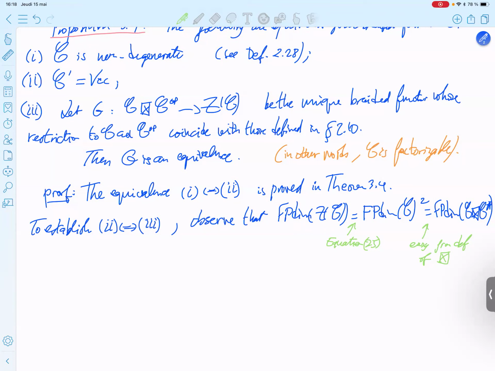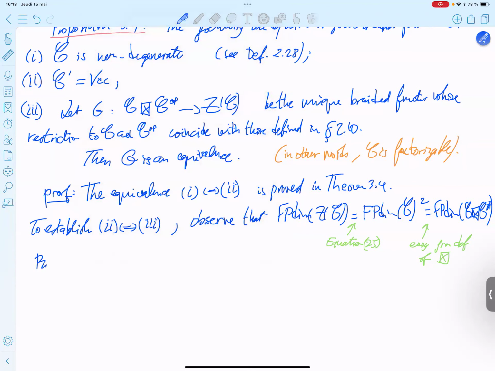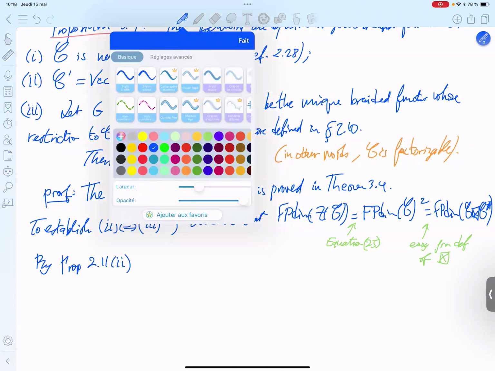So by proposition 2.11.2, which is recalled as follows.